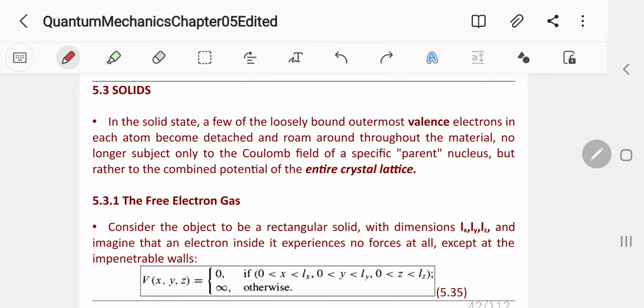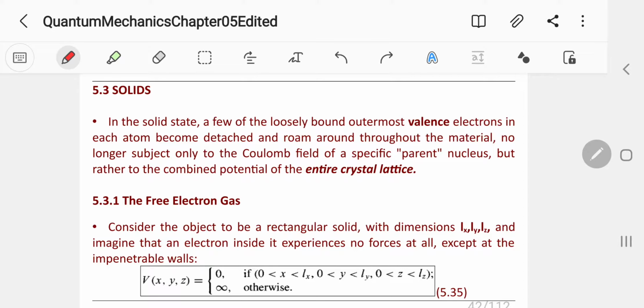So if we consider an object to be a rectangular solid, with dimensions Lx, Ly, and Lz, we imagine that an electron inside it experiences the potential 0 if the particle is between 0 and Lx, 0 and Ly, and 0 and Lz.